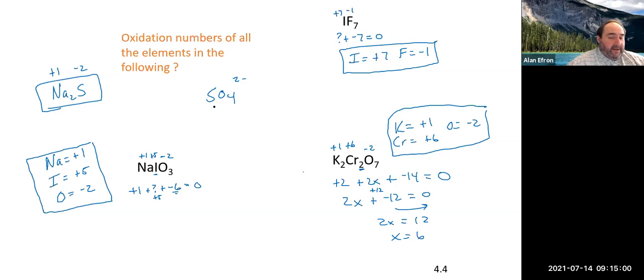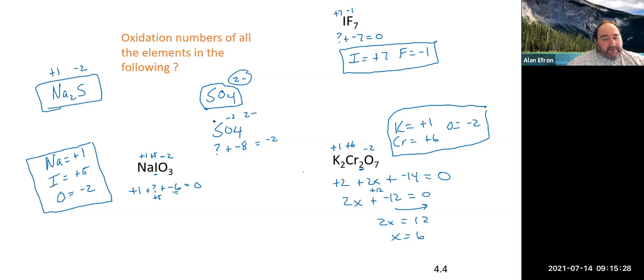When we come over here, this overall thing has a minus 2 charge. And if we look at our sulfate, oxygen would be a minus 2 in terms of its oxidation state. Now, in this case, we're not sure what sulfur is, but we do know we have minus 8 for the oxygens, and it does need to equal minus 2 overall.